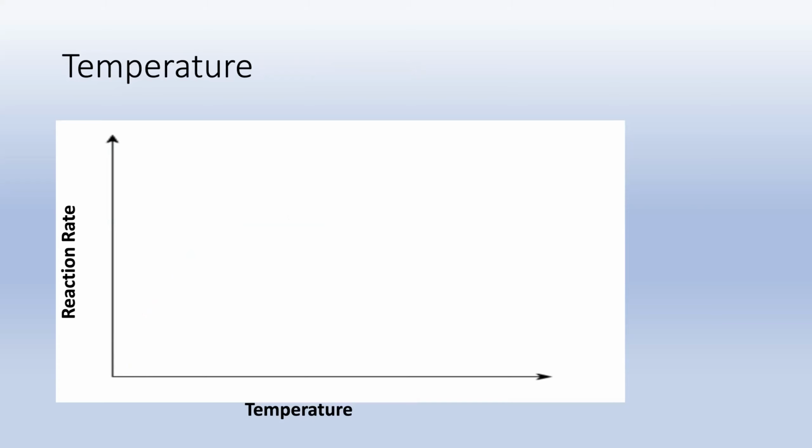That moves us to temperature. And again, we're looking at the same type of graph. However, the difference with this is that temperature happens to be an environmental factor, which we know that we can increase and decrease, which means we're going to get more of what we call a bell-shaped curve.